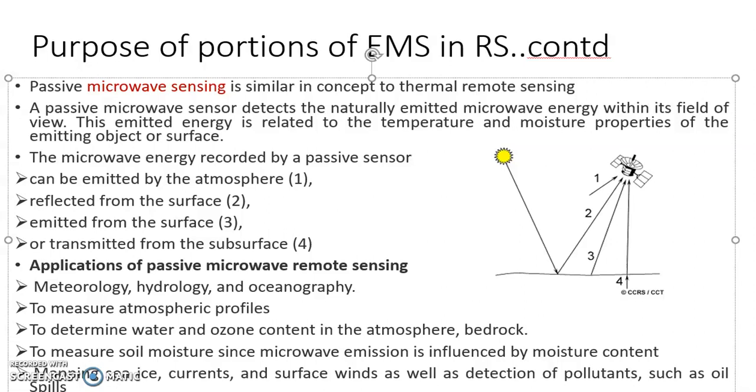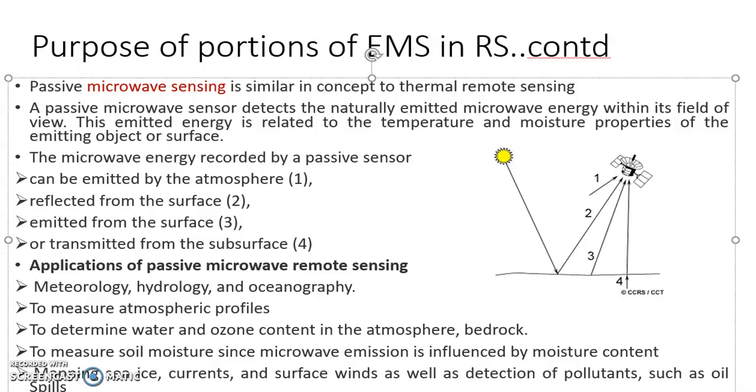There are many surface features which can be radiating out heat. So that energy can be recorded by passive sensors. And it can also be transmitted from the subsurface. Just as I spoke, if something is hidden inside, below the surface, and does not come on to the top of the surface, that energy can also be recorded by passive sensors.